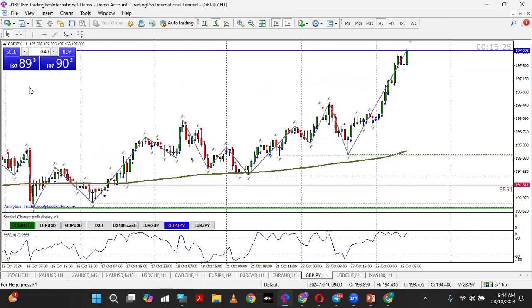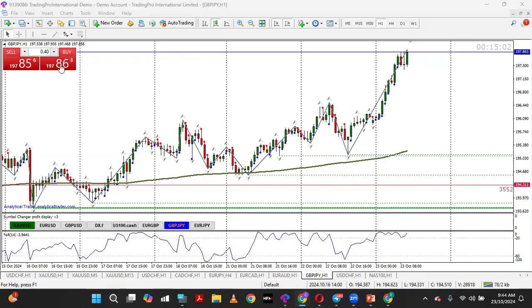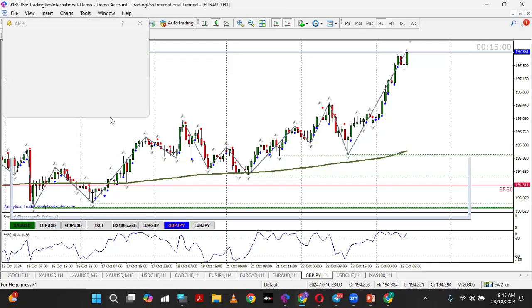Okay, so if you look at this, can we all see these icons blinking red and blue at the top left corner? Yes. Okay, so this is where you take a buy or a sell. And if you notice on Trading Pro, there's almost no difference between the two prices.